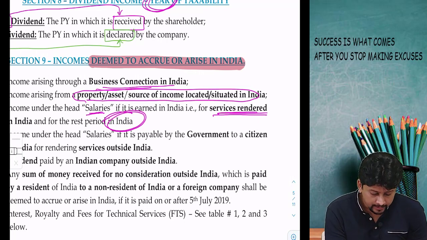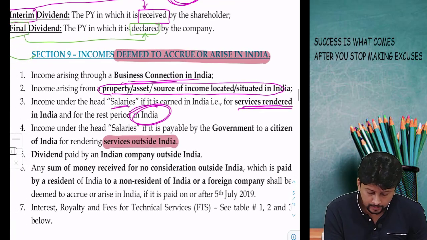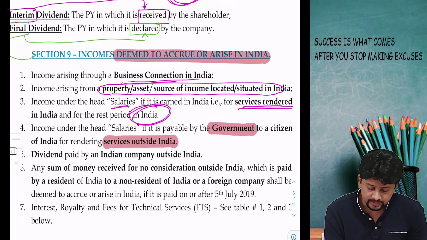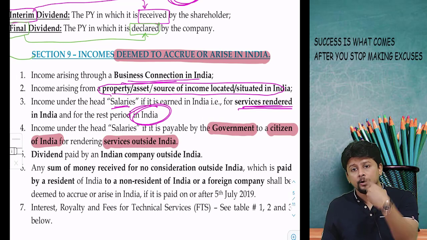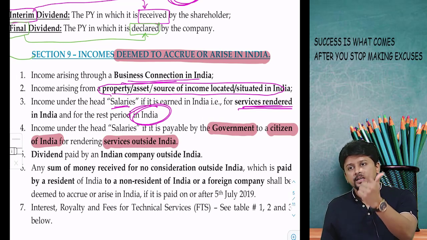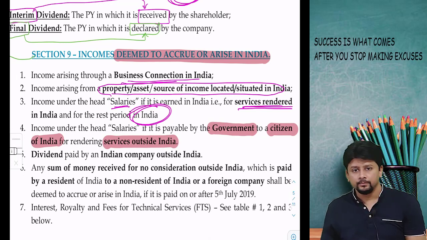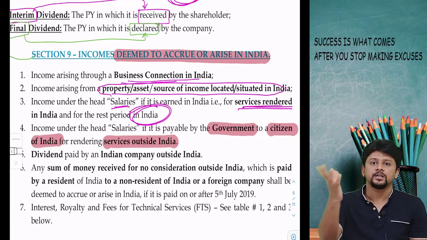If you are rendering services outside India, but that salary is being paid by government and you are a citizen of India, then even if you are working outside India, this income will still be deemed to accrue in India and therefore taxable. Generally, where does salary accrue? The place where you work. That is where the income is accrued, that is where the income has arisen.